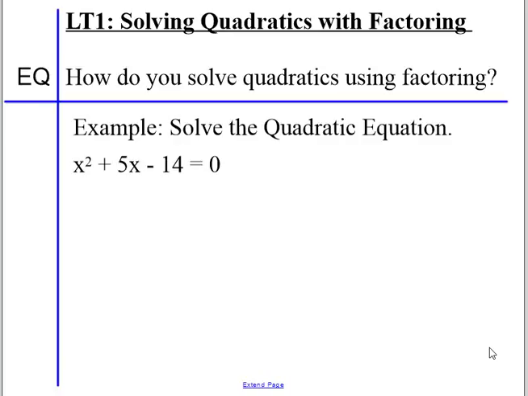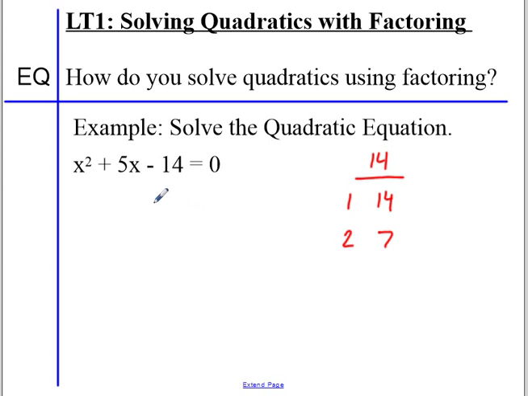In this example of x squared plus 5x minus 14, we're going to want to try to factor that first part of it, that trinomial, to figure out what the x could be. We do that just like we've done with all the other problems. We think about what are the possible factors of 14. Of course, we have 1 and 14, but we also have 2 and 7.